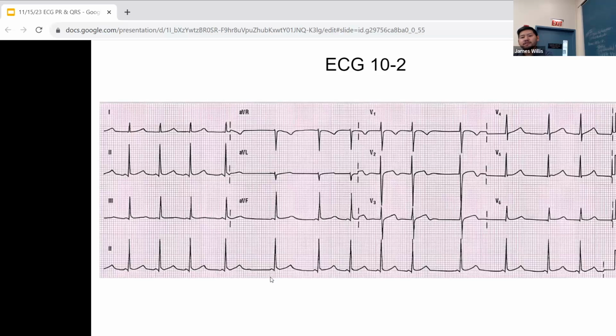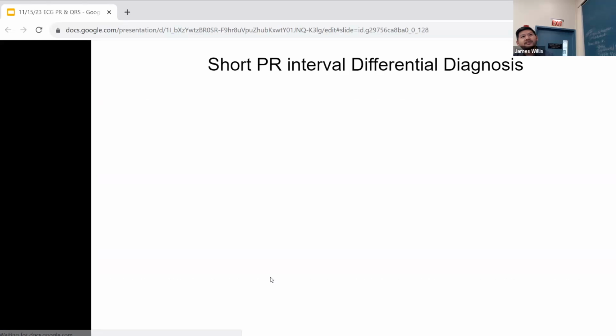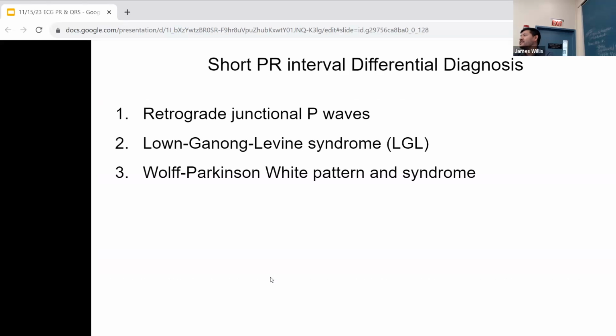You guys know what your differential is for this? Normal variant. WPW is on the differential. Junctional rhythm. Nice, you guys hit all three.